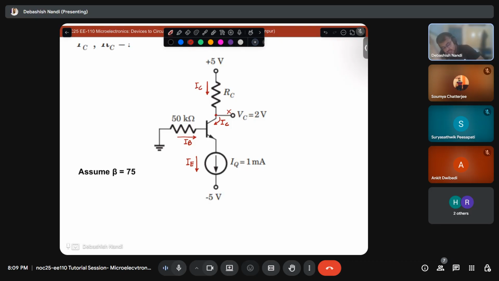So what is the first step? Let us assume forward active. Okay. If I assume forward active, then my IE equals IB plus IC, right?